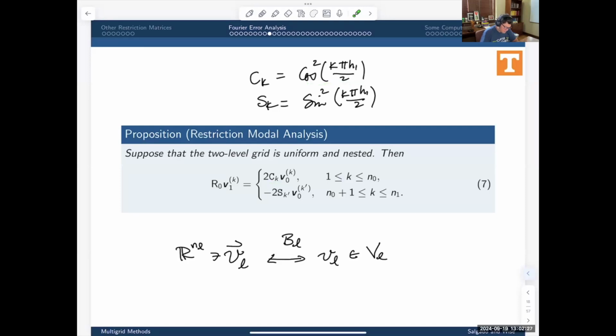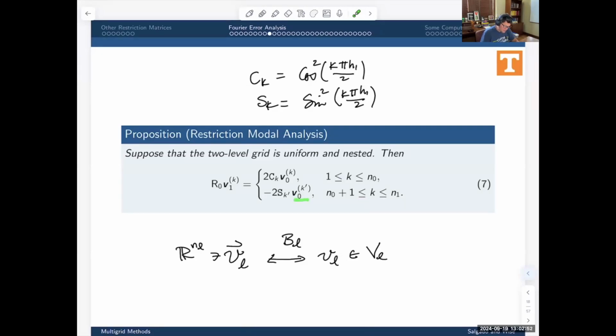And if the mode starts out in this range, that means it's a high frequency mode, then it gets mapped to the coarse grid using aliasing, by flipping to a reciprocal wave number, k prime. The k prime for these high frequency modes are all going to be low frequency, which is good.